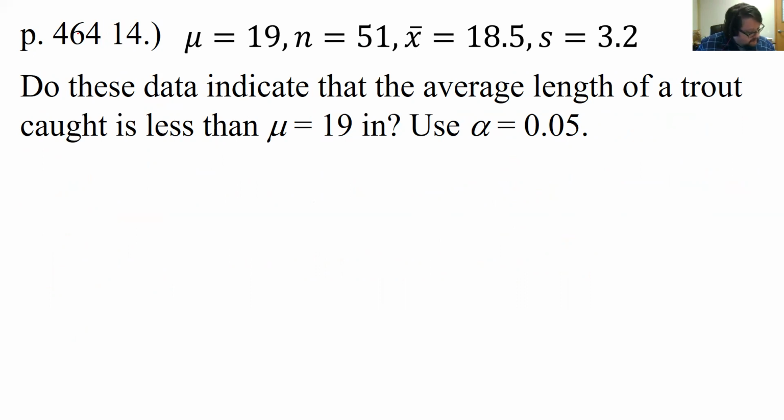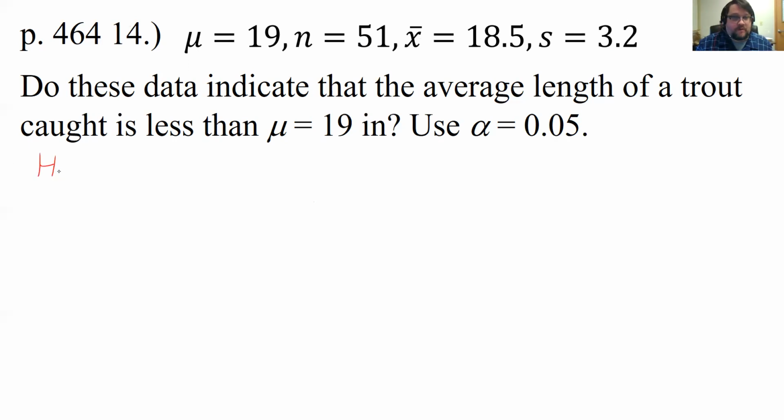However, the Creel survey reported that a random sample of 51 caught had a mean of 18.5 inches, with an estimated standard deviation of 3.2 inches. Do these data indicate that the average length of trout caught in Pyramid Lake is less than 19? Use an alpha.